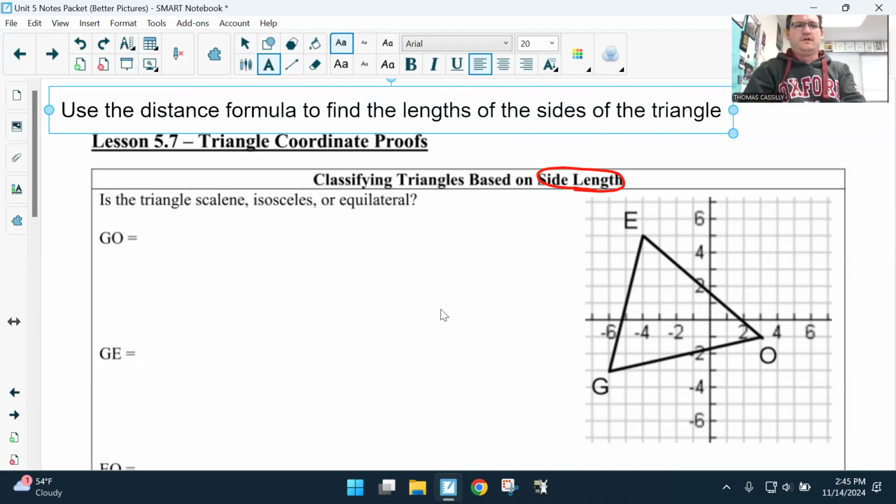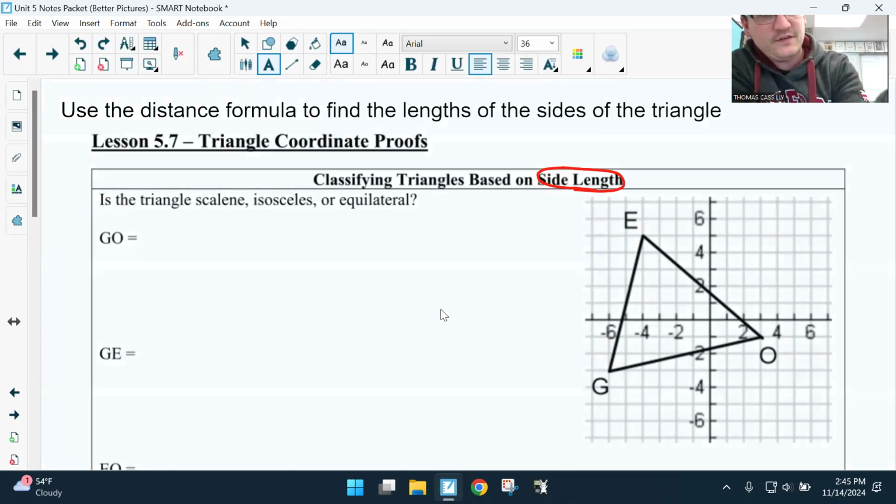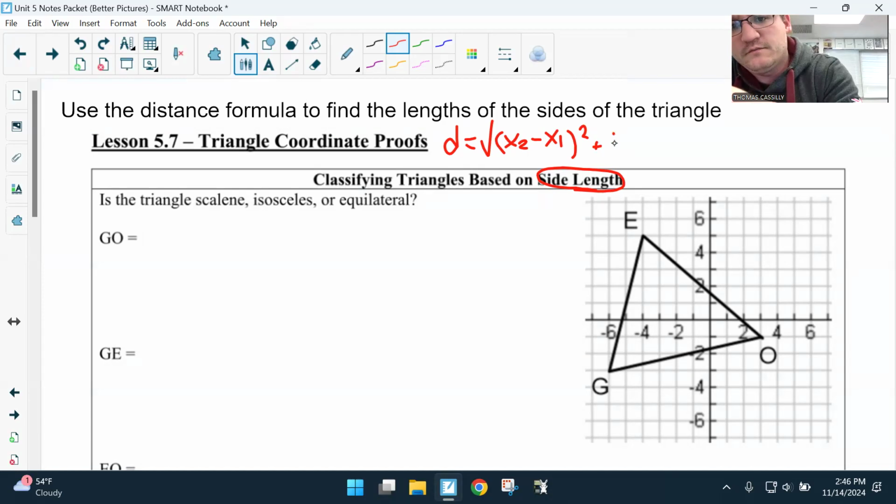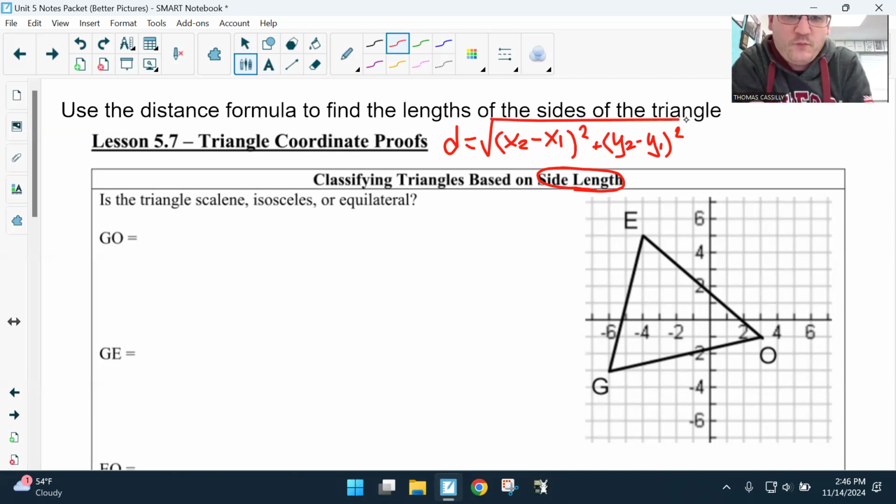What is the distance formula, you ask? Hopefully you would recognize this. D equals the square root of x2 minus x1 squared plus y2 minus y1 squared. Then we square root that whole mess. That is the distance formula.